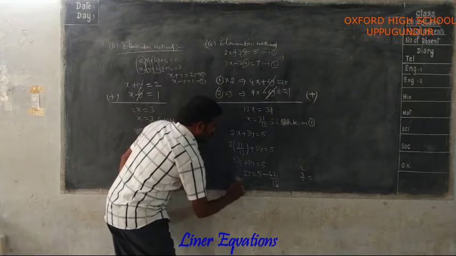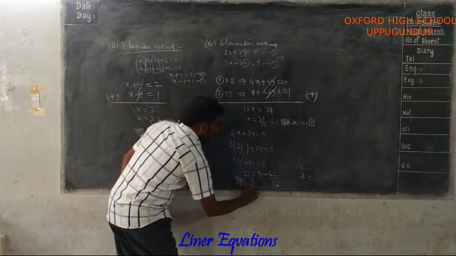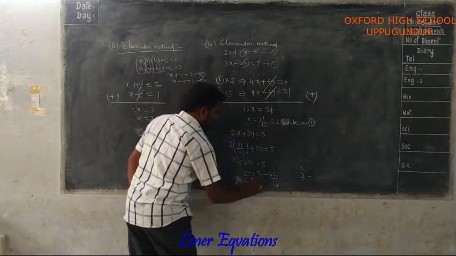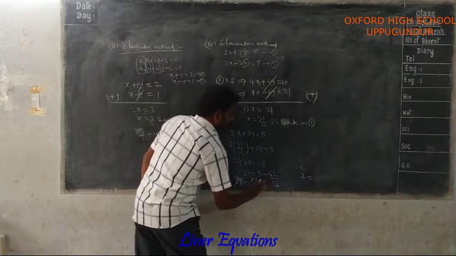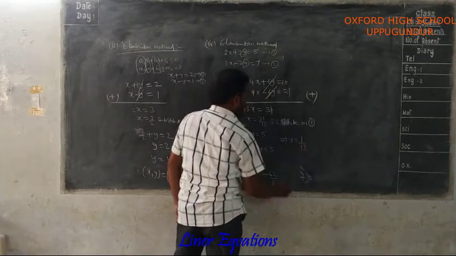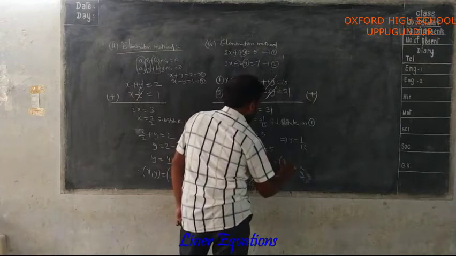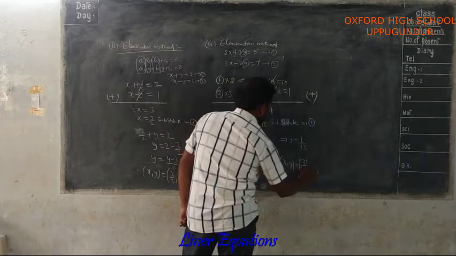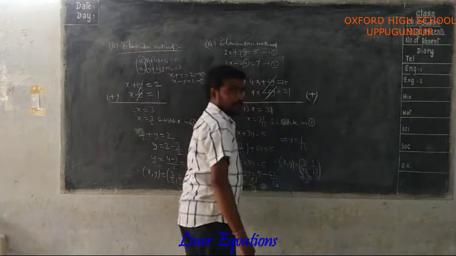So 3y equal to 3 by 13. From this, y equal to 1 by 13. Therefore x comma y equal to 31 by 13, 1 by 13.